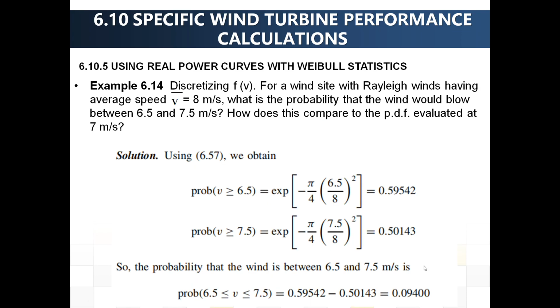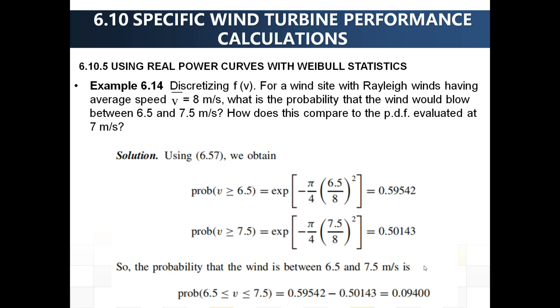Example 6.14, discretizing f(V) for wind with a Rayleigh distribution having average speed V average equal to 8 meters per second. What is the probability that the wind would blow between 6.5 and 7.5 meters per second? How does this compare to the PDF evaluated at 7 meters per second?